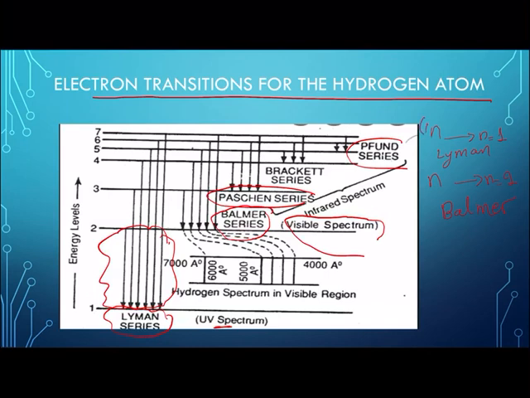On the other hand, when the electron goes down from any energy level to energy level 3, we obtain the Paschen series, the infrared spectrum. And the electron going down from any energy level to n equals 4, the Brackett series is obtained.